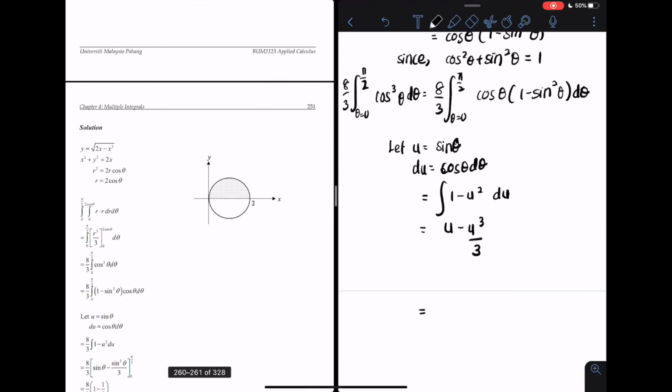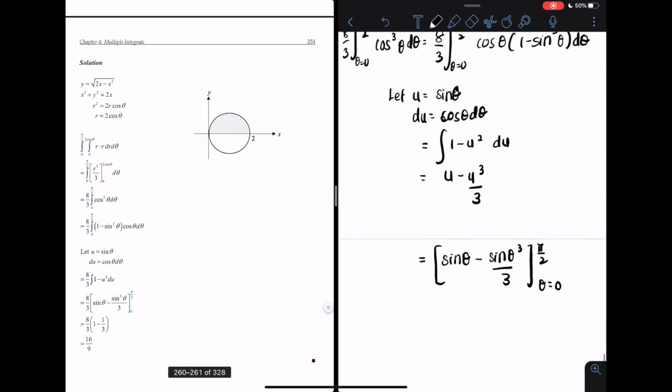you will get u minus u cubed over 3, then you will get sine theta minus sine cubed theta over 3, evaluated from theta equal to 0 until pi over 2. Don't forget 8 over 3 over here.